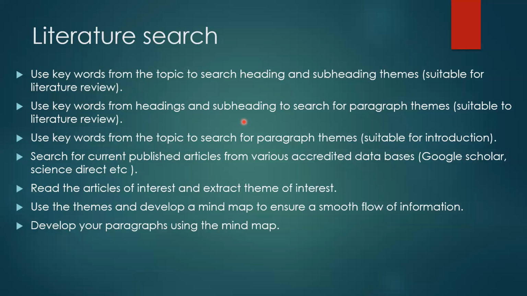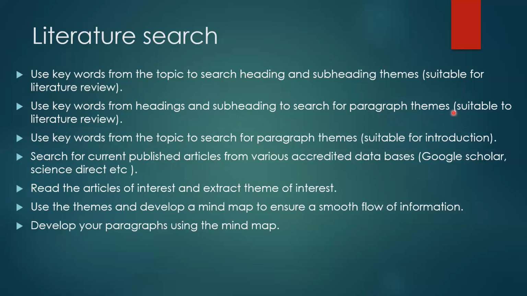Okay, so you use keywords from your literature review topic or a research topic, and you do a literature search and extract salient points that you can use as headings. Once you have your heading, you repeat the same process, but now you are looking for themes that you can use to build paragraphs.